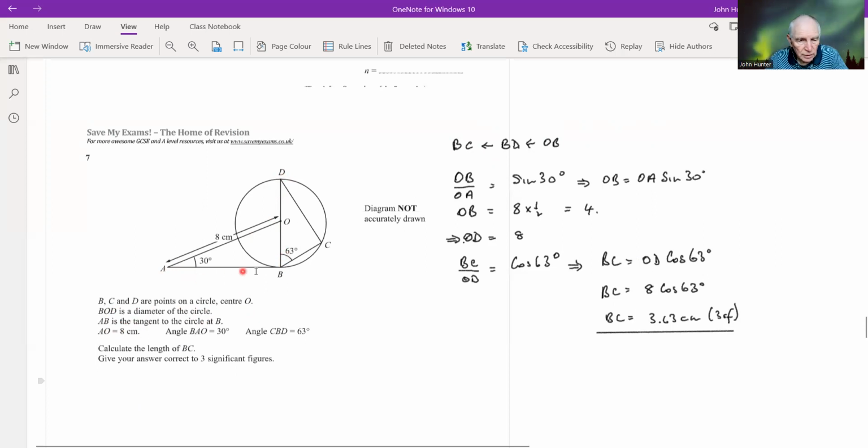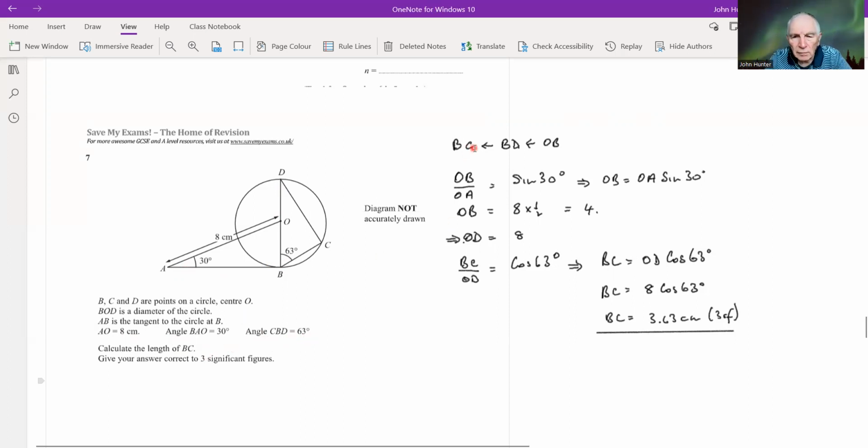AB is a tangent there. Which tells us that this angle here, ABD, is a right angle as a result of this being a tangent. This is a tangent, this is a diameter, so this is a right angle. AO equals 8, angle BAO equals 30 as shown, angle CBD is 63. Calculate the length of BC.